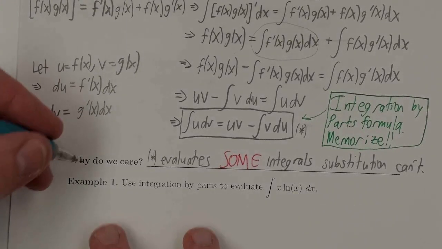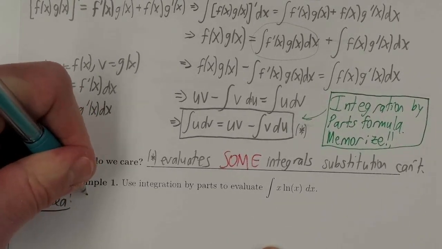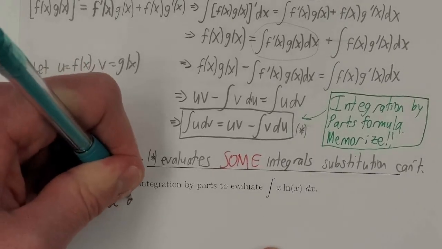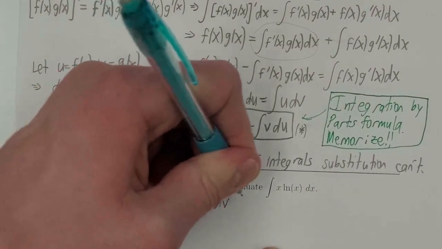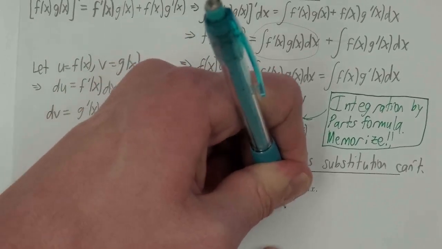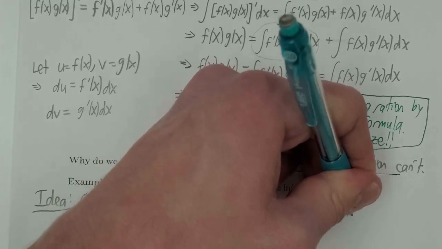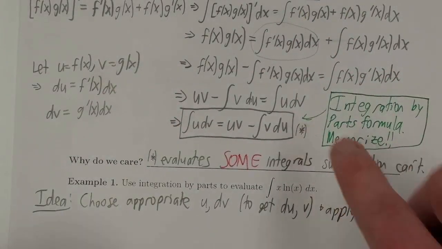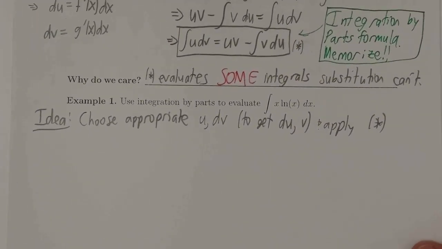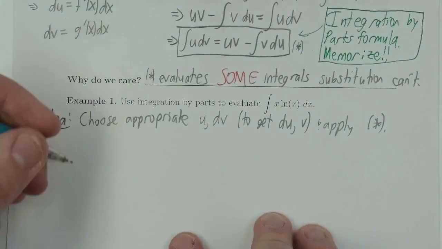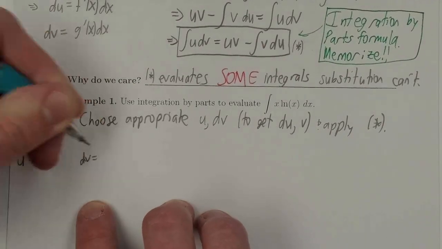Okay, so the idea with by parts: choose appropriate u and dv to get du and v, and then apply the asterisk rule that we have up here. So let's let u go here, and let dv go here.